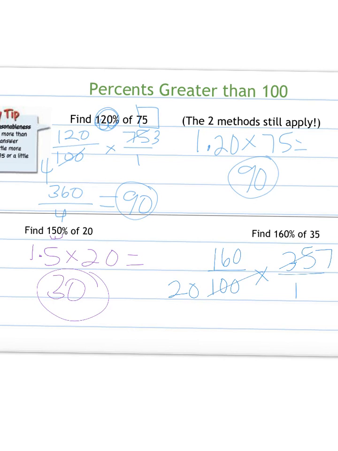Now multiply numerators, multiply denominators. 160 times 7 is 1,120. 20 times 1 is 20. Divide numerator by denominator, and you get 56. And again, both answers were bigger than the numbers that we started with because our percent is more than 100%.